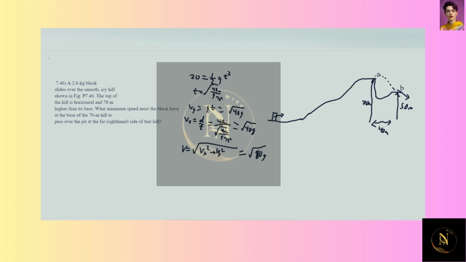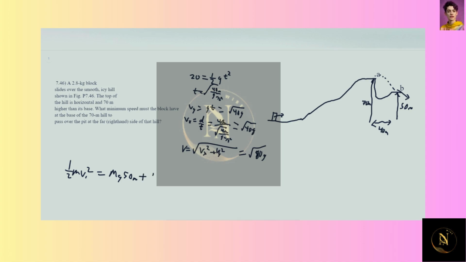So here we're going to set up our conservation of energy. We have initially only kinetic energy. That's going to be 1/2 m v1 squared at the first point, is equal to the potential energy at this point due to this height. So we have mg times 50 meters, and then plus our kinetic energy at that point.